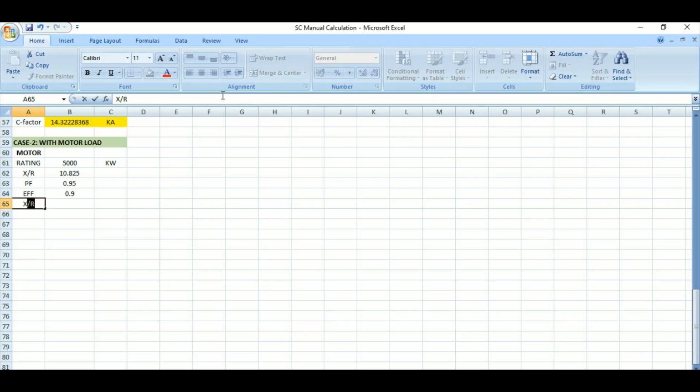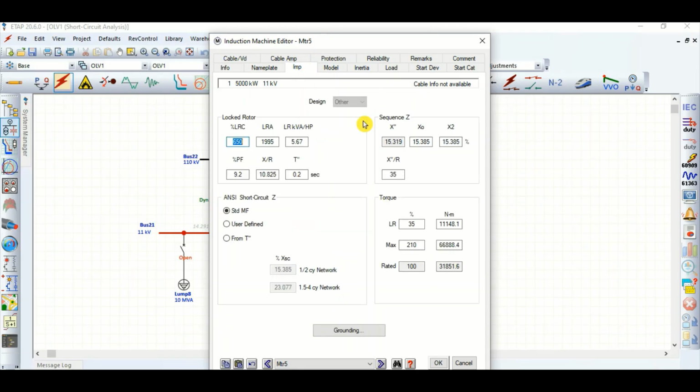Next we need to mention the reactance value. How to get it? This is the value of X double dash, 15.319.